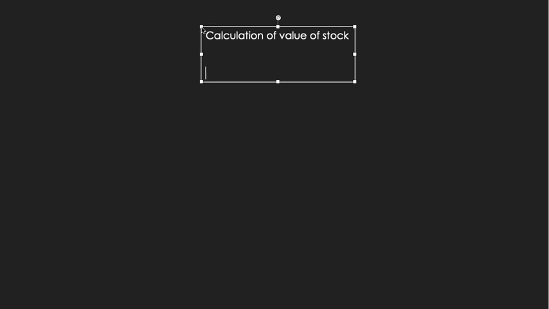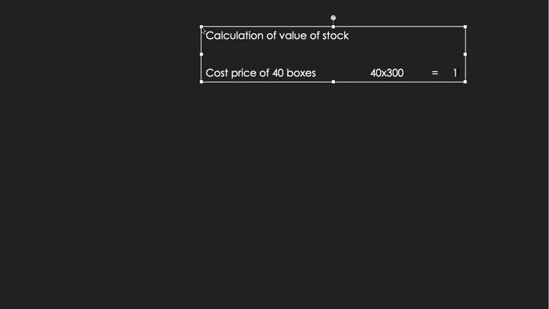That means how much is left now with him? 40. We are going to write down cost price of 40 boxes. The price is 300 rupees, right? So that is what we are going to write down here. 40 into 300 is equal to 12,000, right?